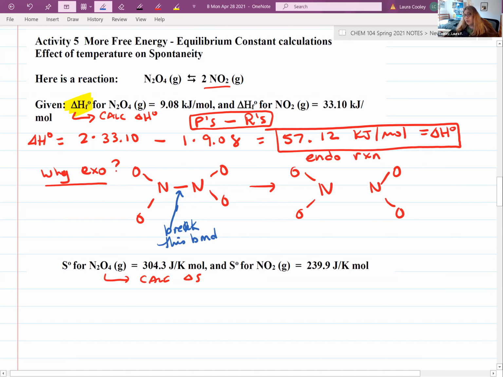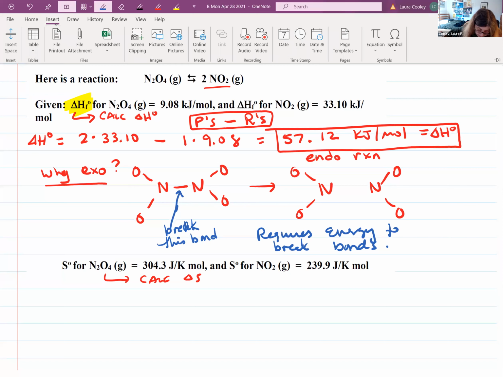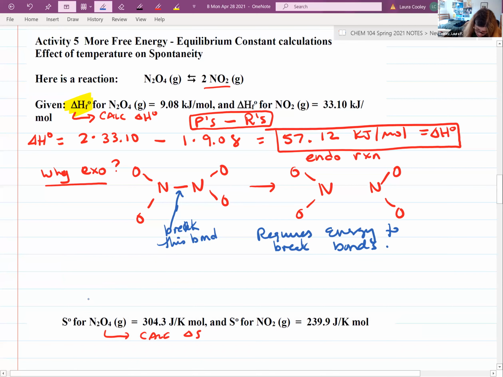Yes, the N2O4 molecule is being broken apart, and it requires energy to break bonds. So it is really not surprising. It makes sense that the delta H here would be positive. Energy is required.